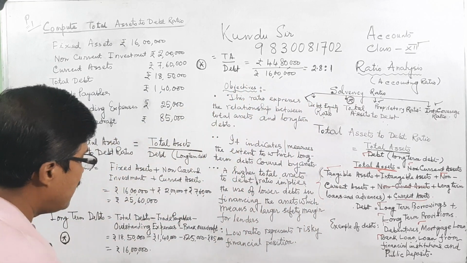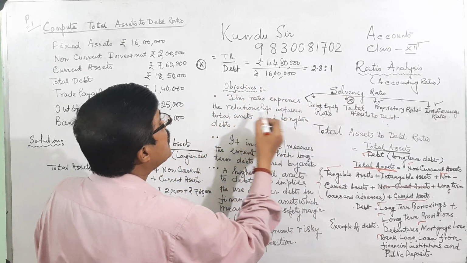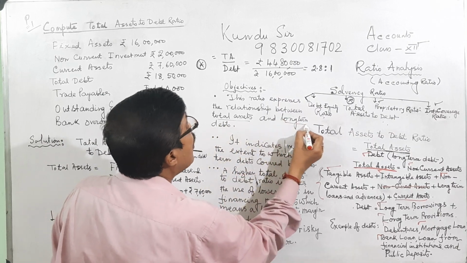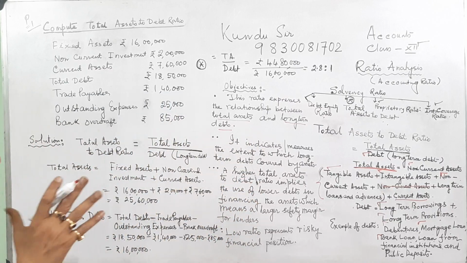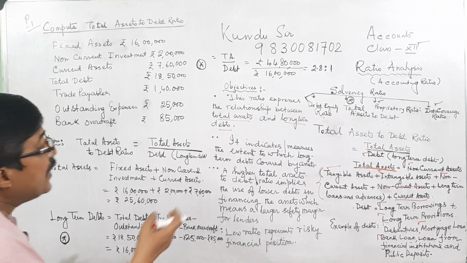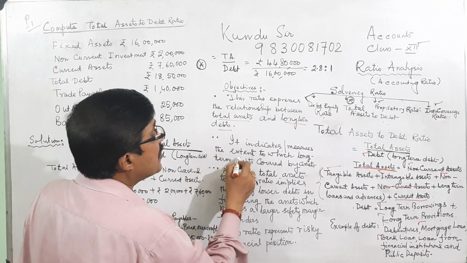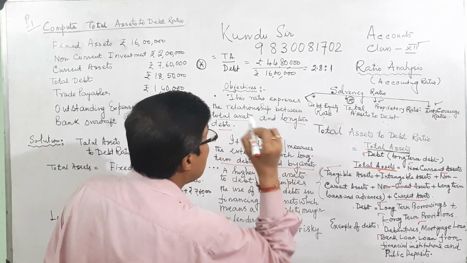The objectives are mentioned here one by one. This ratio expresses the relationship between total asset and long term debt. That is, it is a relation between assets and debt. What is the purpose of it? It indicates or measures the extent to which long term debt is covered by the assets.